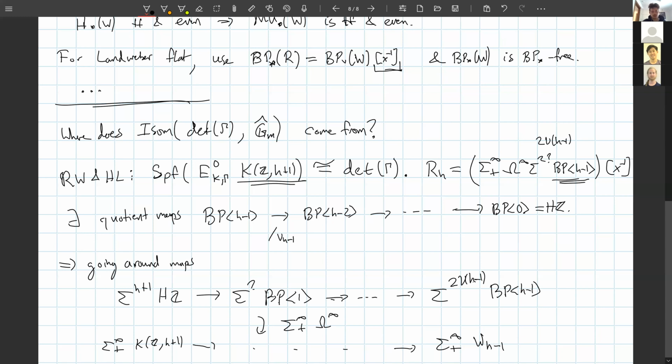Basically, the idea is that if I have my class X in pi star of this, it turns out that this element X actually is in the image of this map on homotopy.